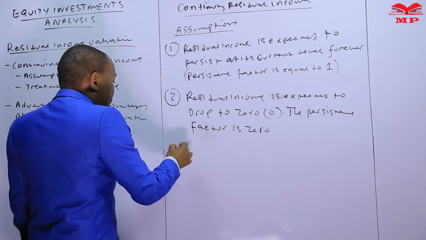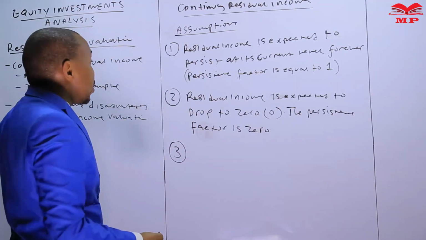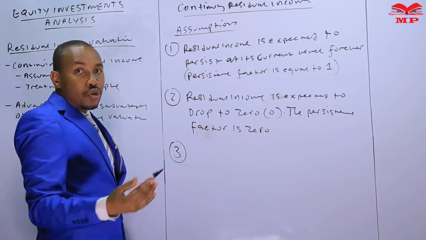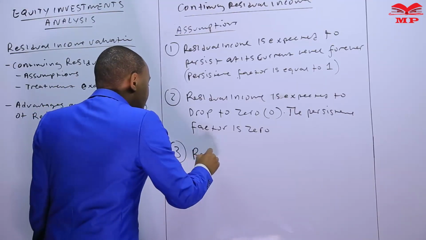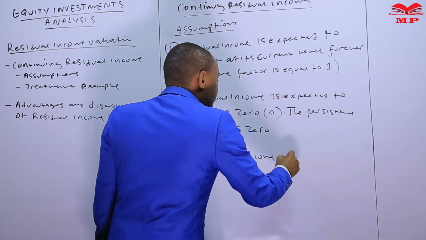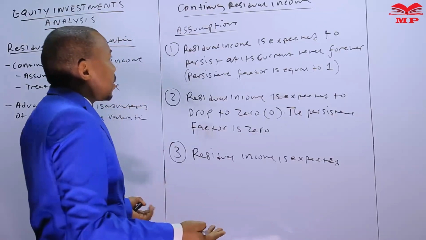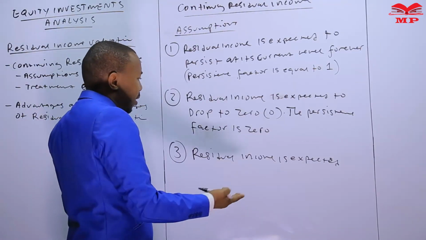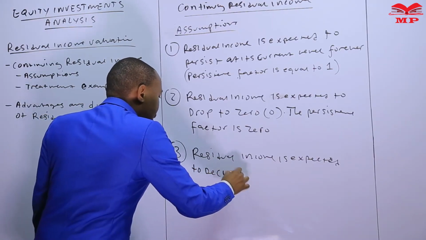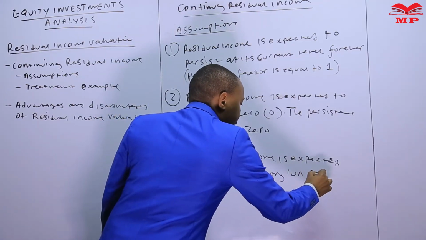Now, the third assumption that tries to explain the continuing residual income component is that residual income will be expected to decline in the long run to a constant level rate. So we say residual income is expected to decline to a long run rate.